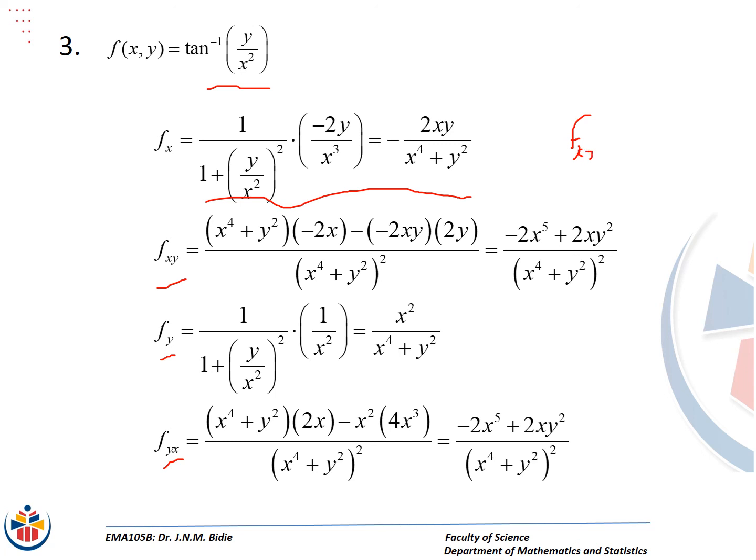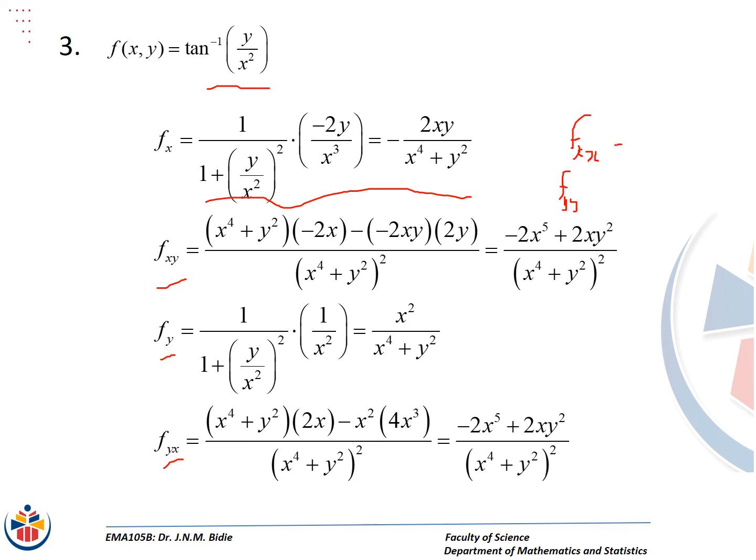I'm hoping that we're able to see what I'm writing, as well as fyy. Let's check whether you are going to be able to do that. Please simplify as far as possible.